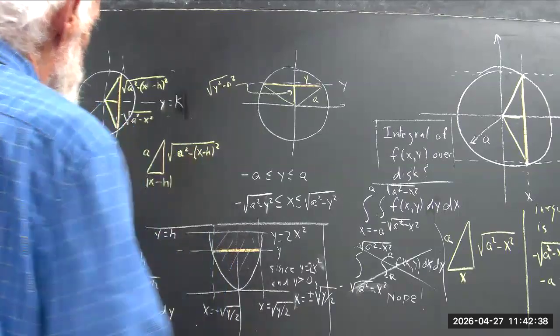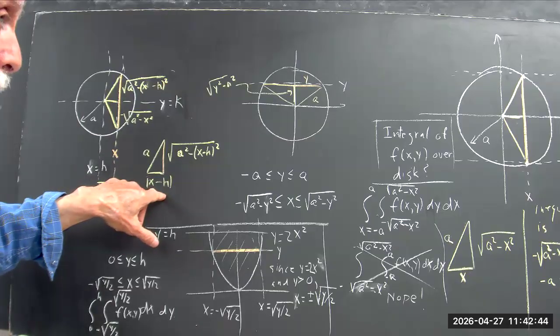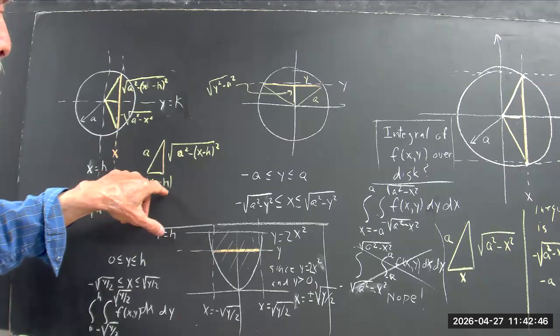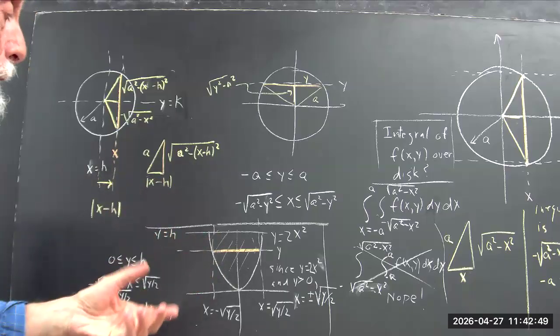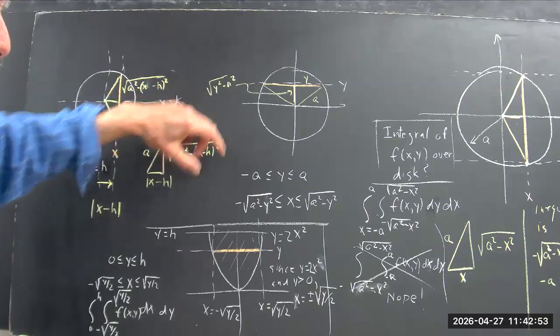That h is not coming out right, but there it is. Okay. Now, when you square the magnitude of x minus h, it doesn't matter whether x minus h is positive or negative. You're going to get the square of just plain old x minus h because that's always positive.